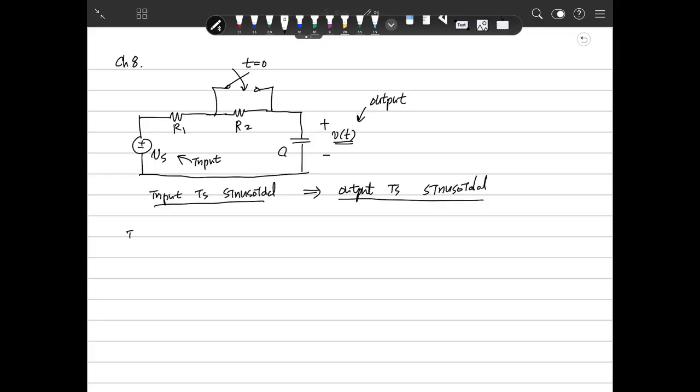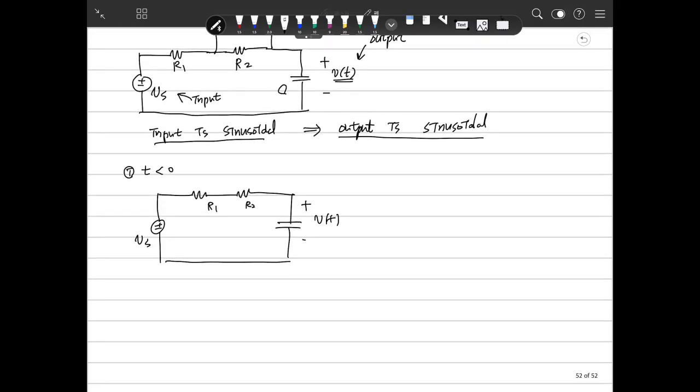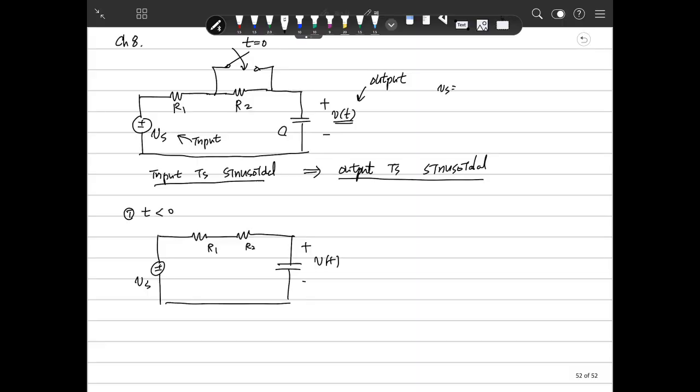So when first t is smaller than 0, this circuit looks like here. This is R1 and R2. This is Vt and Vs. Because Vs is given as A cosine of 1000t plus theta, and because the source is sinusoidal, the output will be sinusoidal.